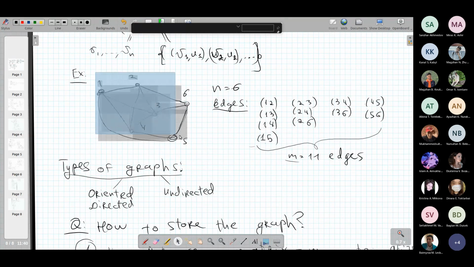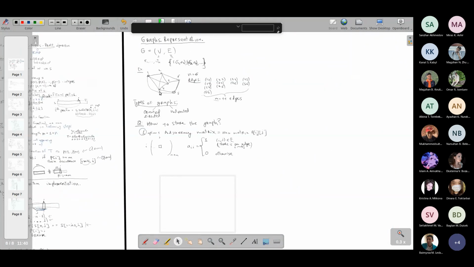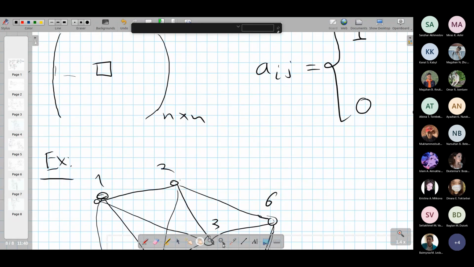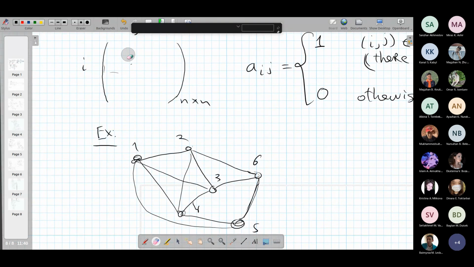Okay, so the ijth entry equals this, and that's it. For example, we can copy this graph and try to draw the adjacency matrix right here. We must have a 6 by 6 matrix, so let's say 1, 2, 3, 4, 5, 6 and 1, 2, 3, 4, 5, 6.